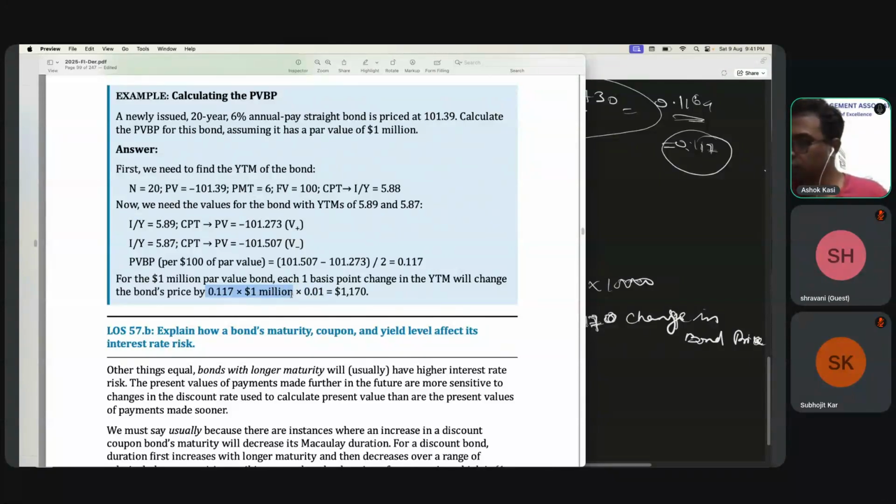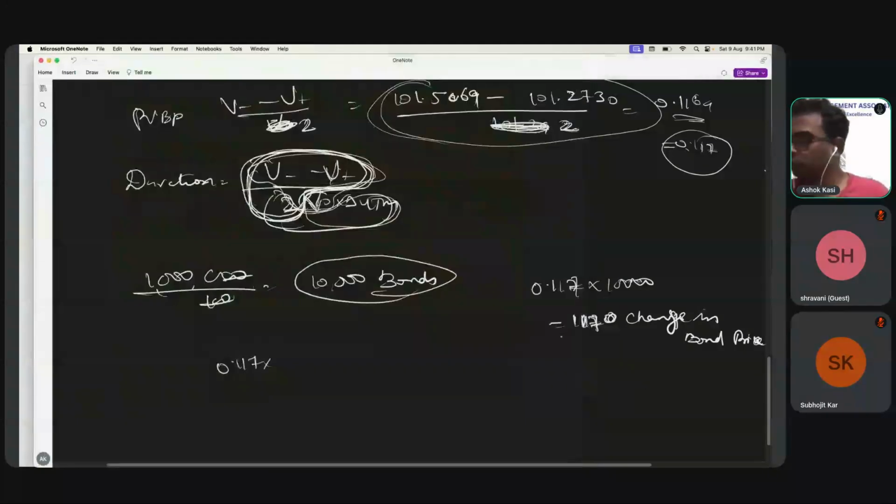This is the change for 1 basis point, for 10,000 bonds, so this is the total change.